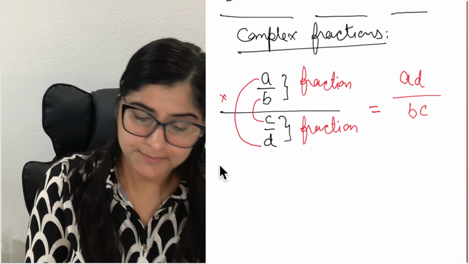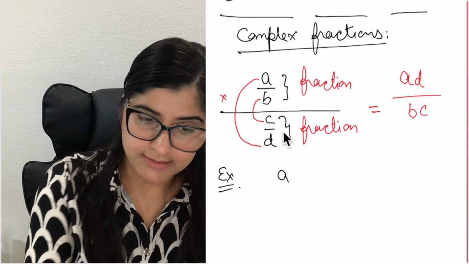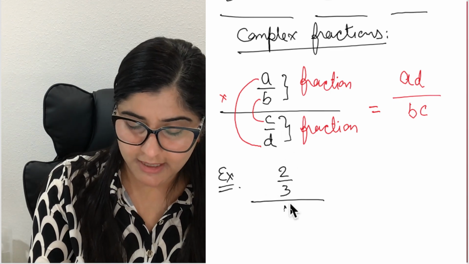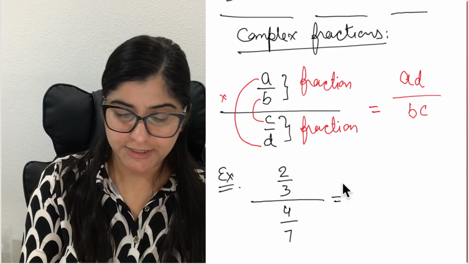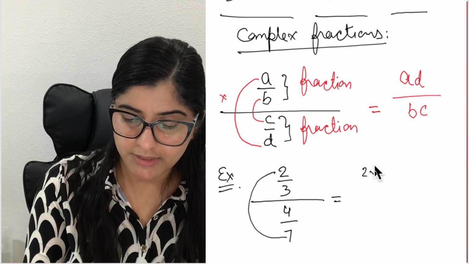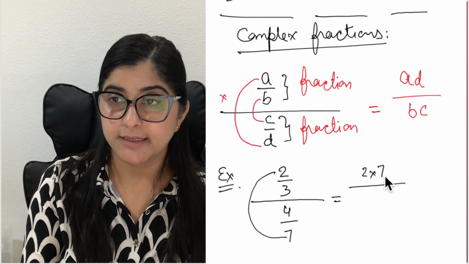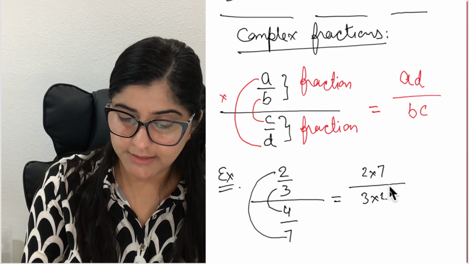For example, let's do one example. It is 2 over 3 divided by 4 over 7. We have to simplify this fraction. We multiply first term and last term, 2 times 7, and write that in the numerator, and the middle two terms in the denominator.